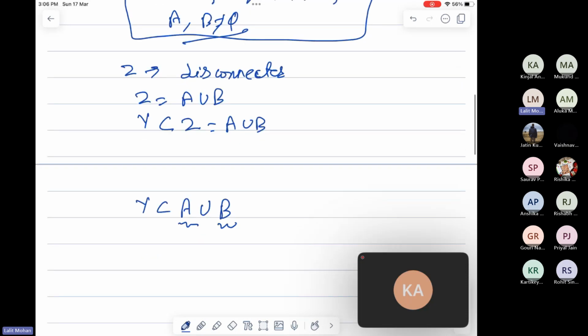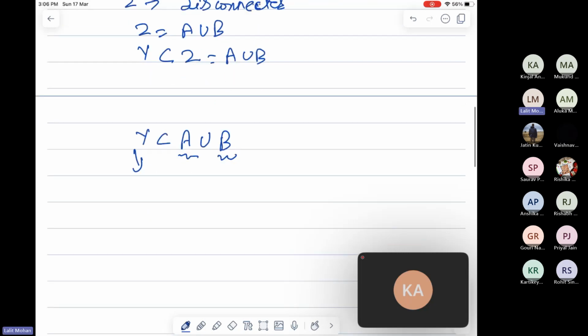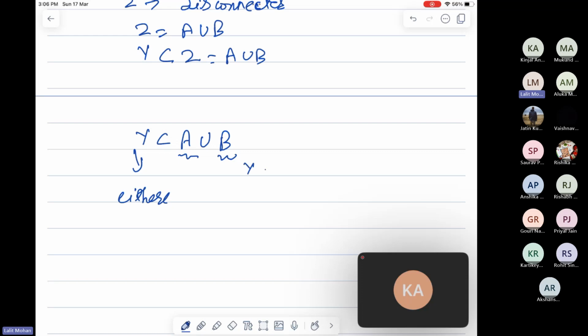And it is given in our question that Y is connected. Then you know that there doesn't exist any separation of Y. It means either Y is contained in A or Y is contained in B, right?